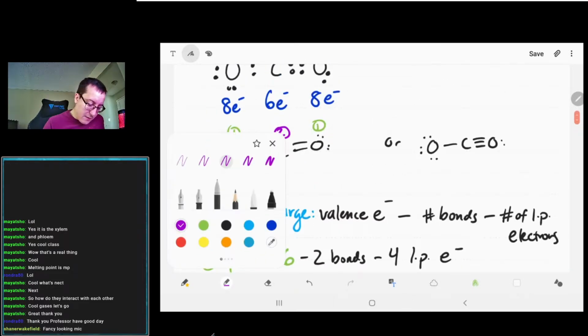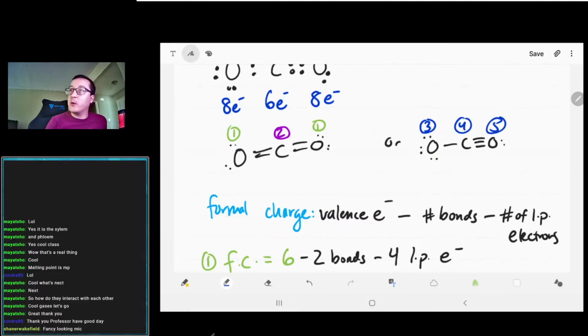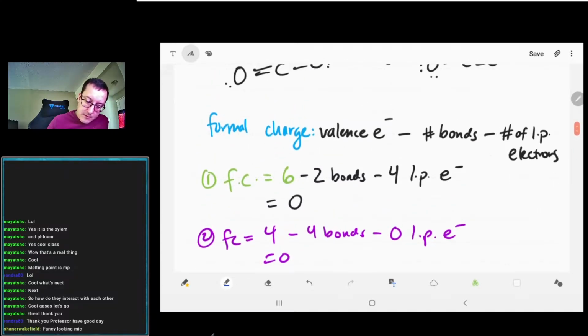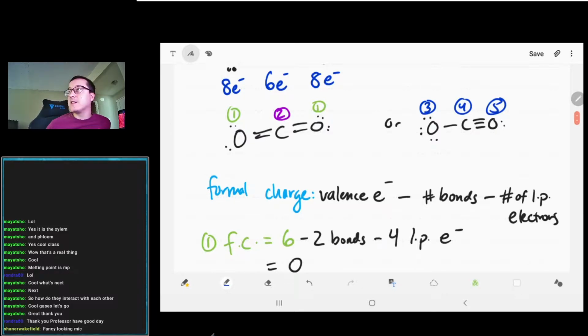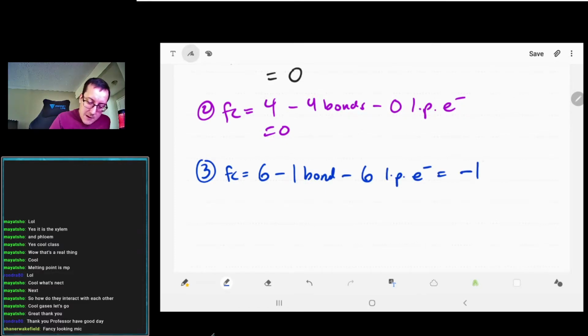We're going to do that now for the other side of stuff. I'm just labeling these so we can see the calculations for each of those atoms. So number 3 is an oxygen that has 1 bond and 6 lone pair electrons. So it had 1 bond, 6 lone pair electrons. Aha, we have something that's not 0.